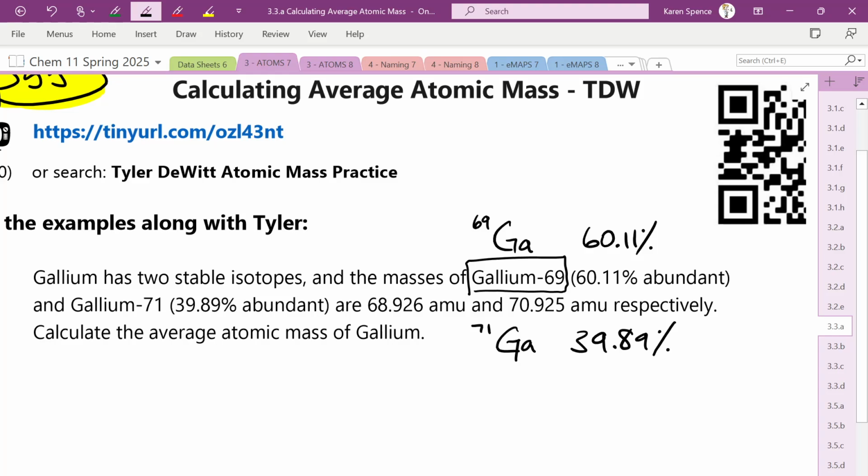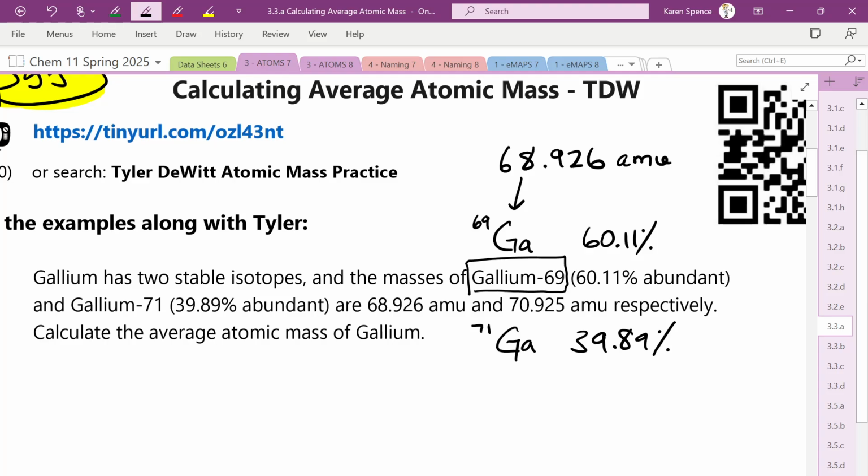So it's going to lose a bit of mass that will be turned into energy. You don't really need to explain that, but that's why gallium-69 actually has a mass of 68.926 AMU.